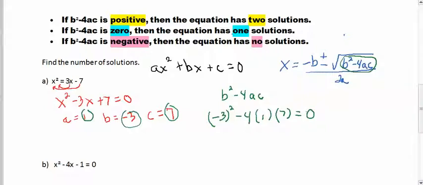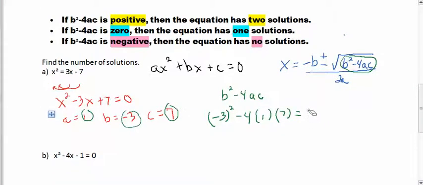We're just going to go -3 times -3, which is +9. Then -4 times 1 is -4, and then we're going to multiply that by 7. So we have 9, and we end up with -28.